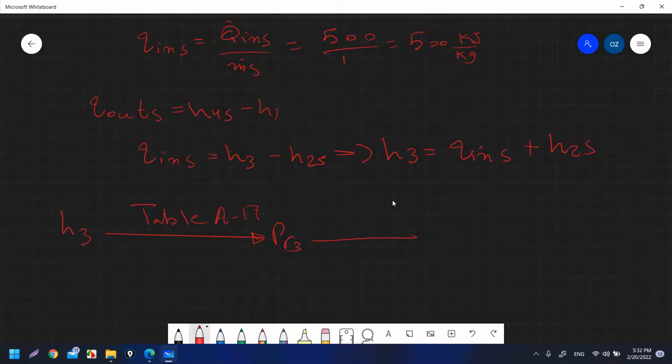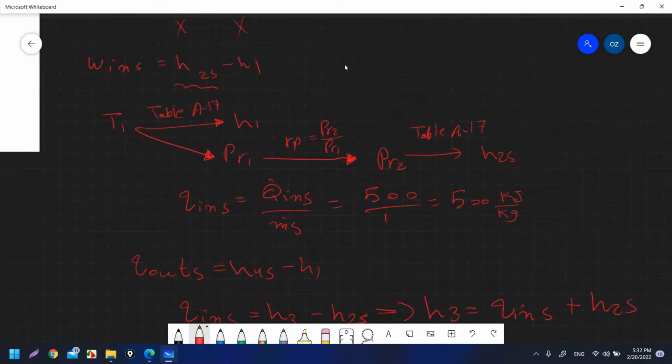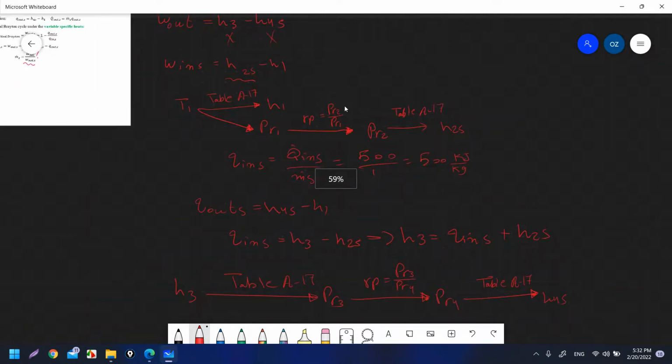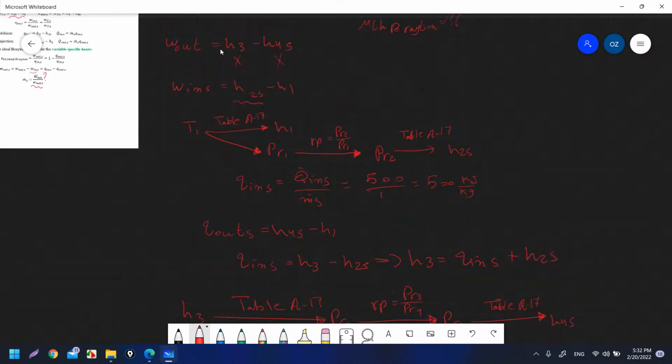And after this, I will use the equation RP is equal to PR3 over PR4 in order to find PR4. And then I will use this PR4 from table A17 to find H4S, and then I can find Q out S. And by this, I can find the W net, because I can also find it from W out minus W in.